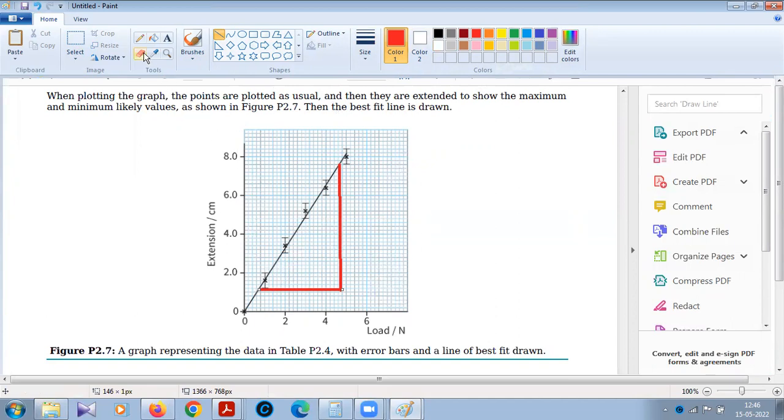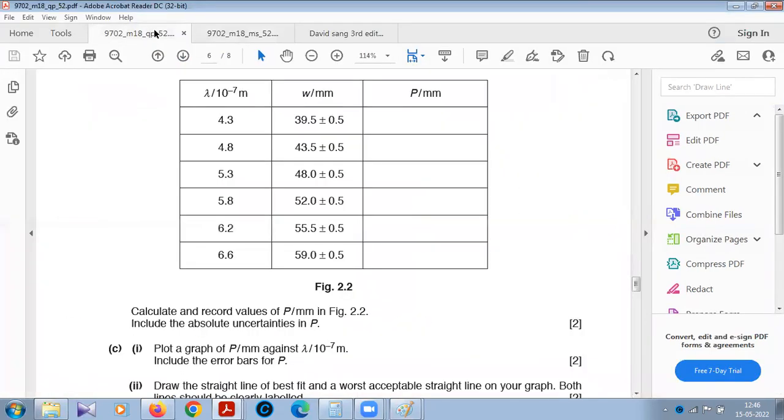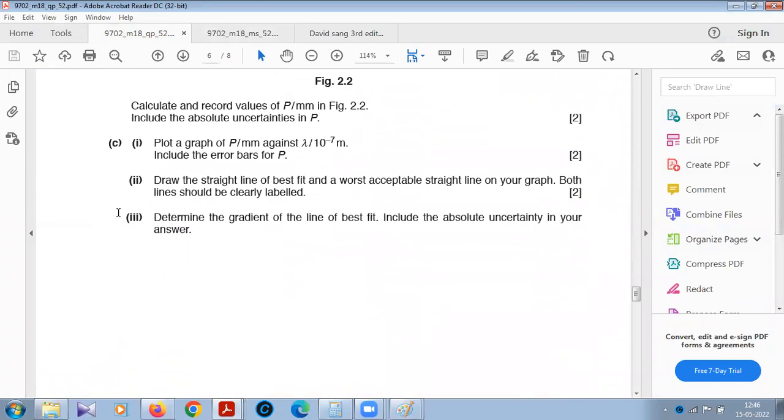So show it like this on the graph. This is the gradient that you are finding out, tan theta. So all these things you have to do. You read the question, they have written it here: draw the straight line of best fit and determine the gradient of the best fit.